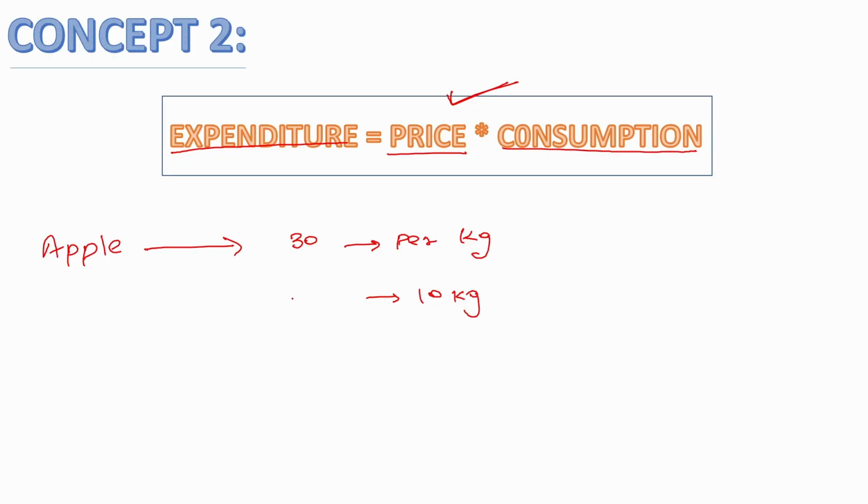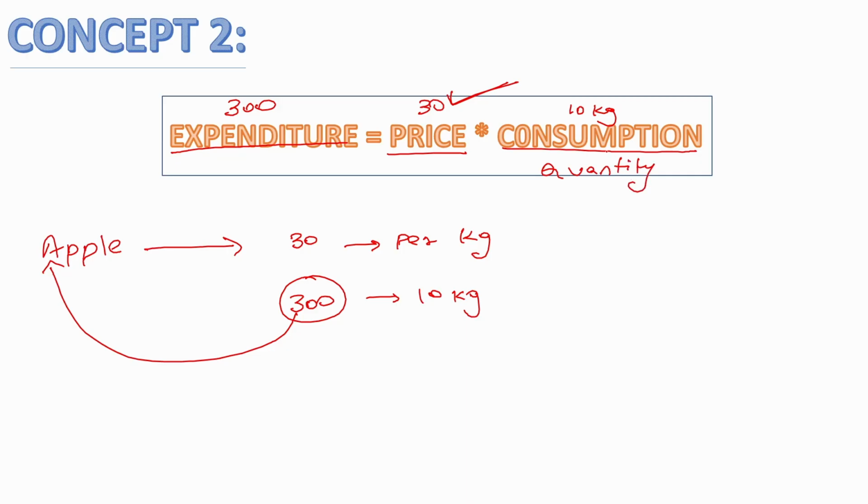So I would have to spend 300 rupees on apples. The amount that I spent on apples is expenditure, the per kg value of apples is price, and how much I consumed is my consumption. I consume 10 kgs of apples. This can be consumption or quantity, guys. Either of them is true.